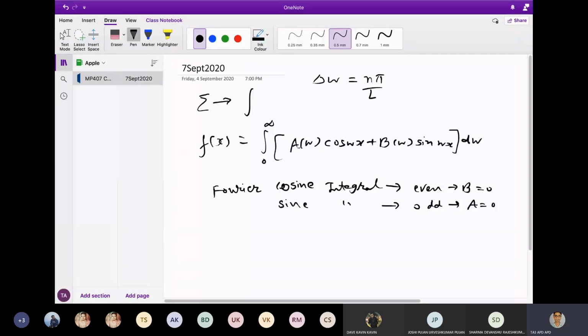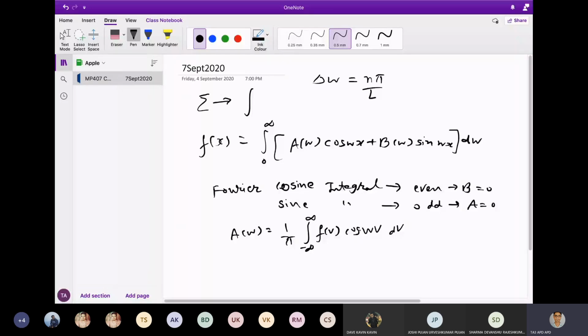All right, so the value of this a and b that we obtained was, for a, 1 over pi, integral from minus infinity to plus infinity, and we change the integration parameter from x to v. So it is f of v cos wv, and the integration is with respect to v.